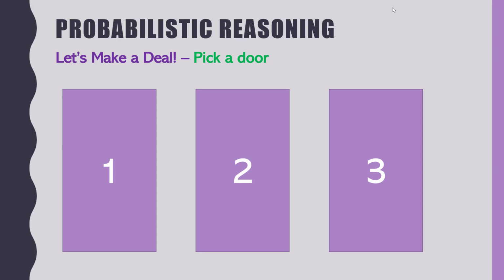Two again, okay. So this is the door we chose. Right here, we're choosing number 2. My question to you is, what is the probability that you chose the correct door? 1/3. So 1/3 is the probability that we got it correct. 2/3 of the time we will be wrong.